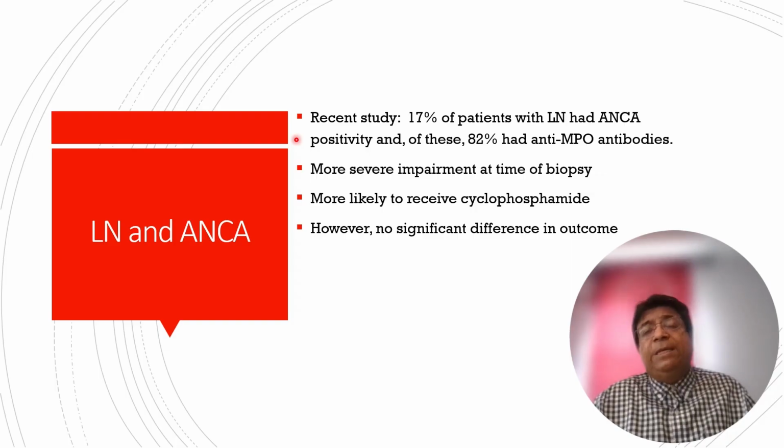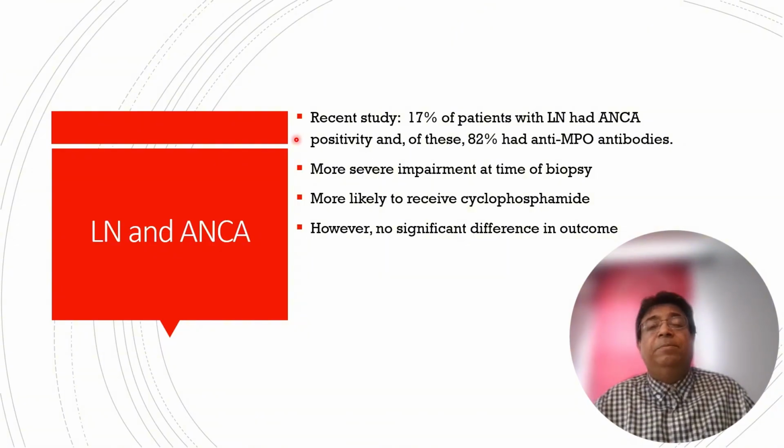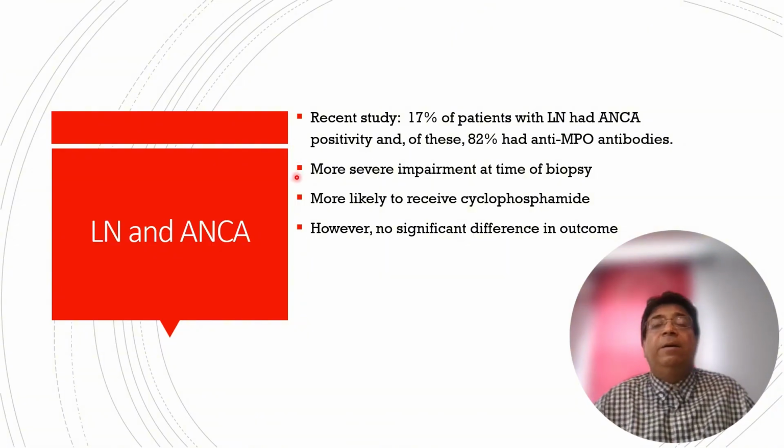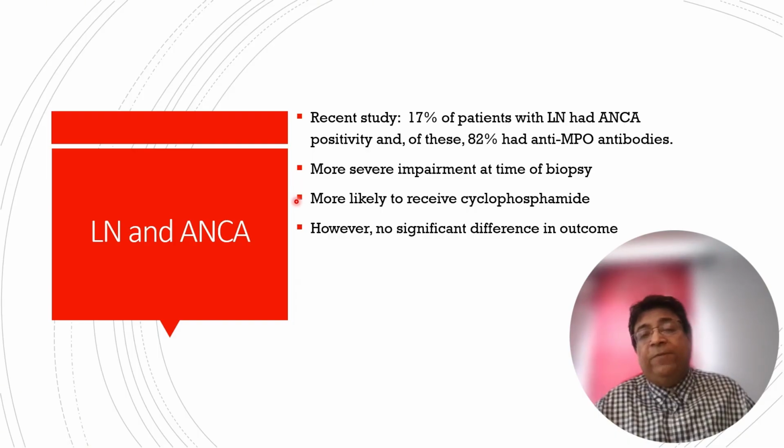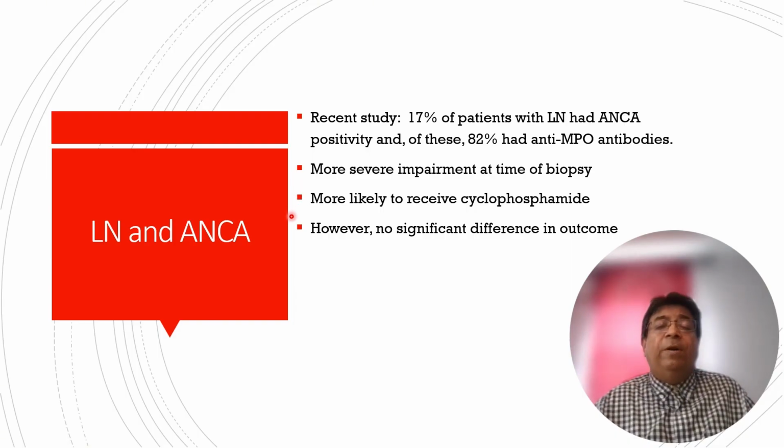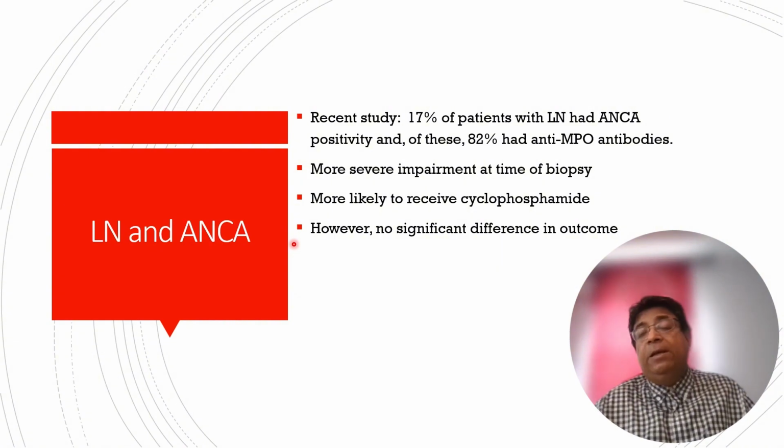And 82% of these patients who have dual ANA and ANCA positivity have anti-MPO antibodies. These patients may be more severe in terms of kidney impairment at the time of biopsy, and they are more likely to receive Cytoxan or cyclophosphamide. However, despite the aggressive management, there is no significant difference in outcome.